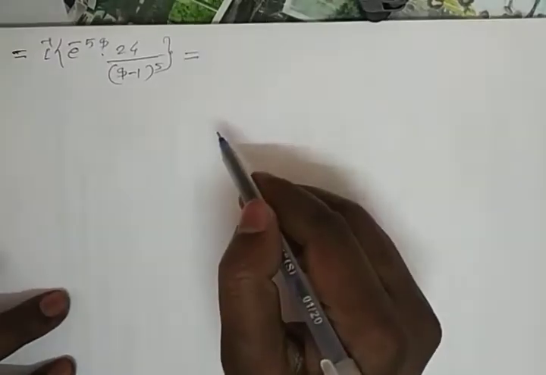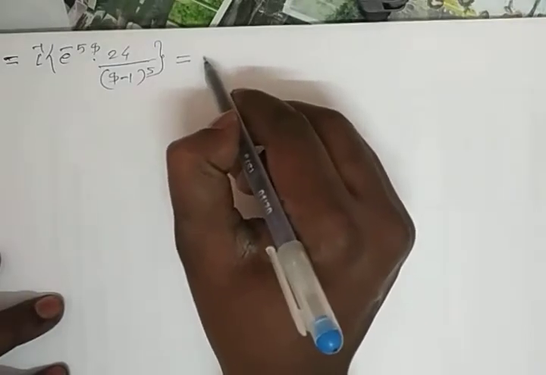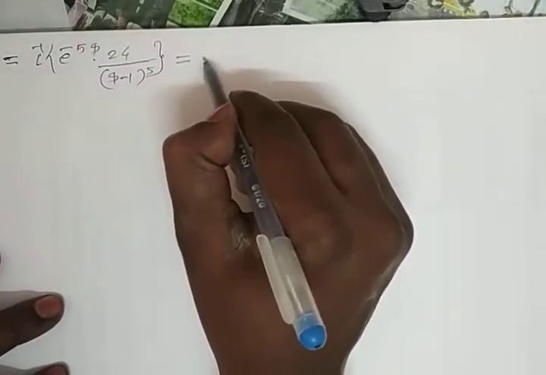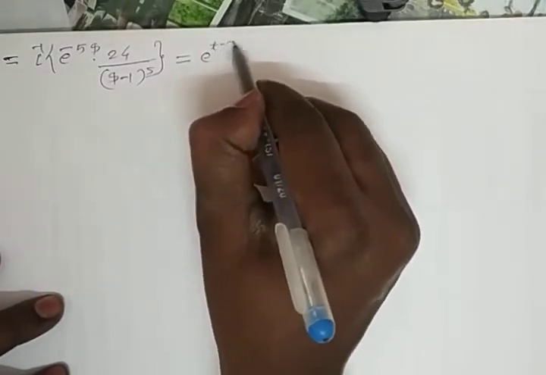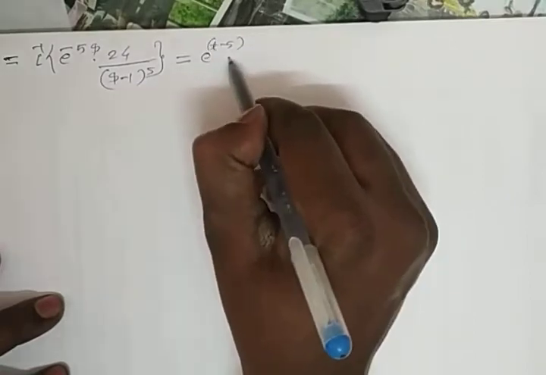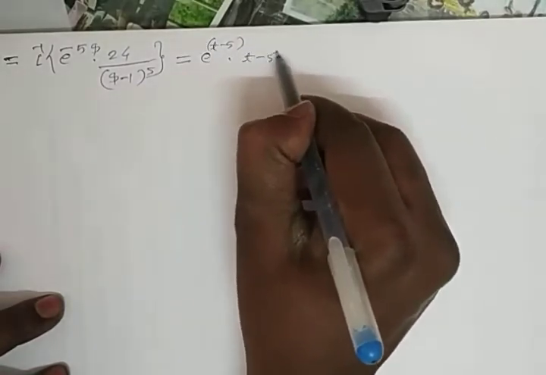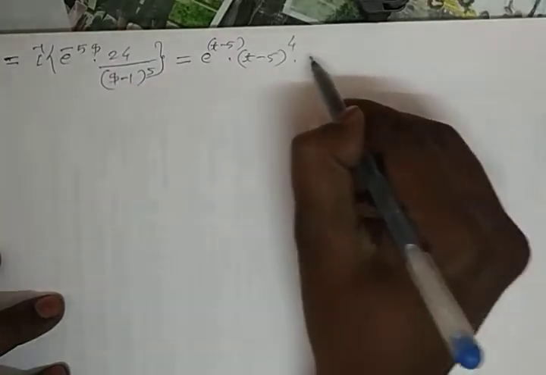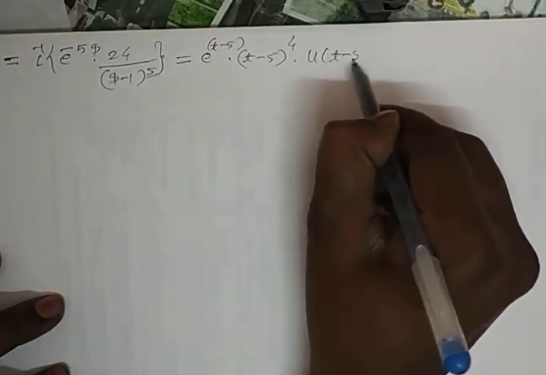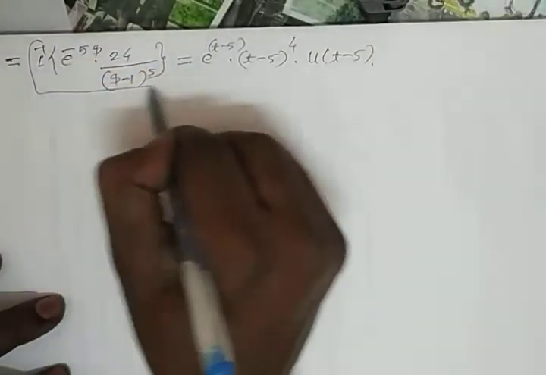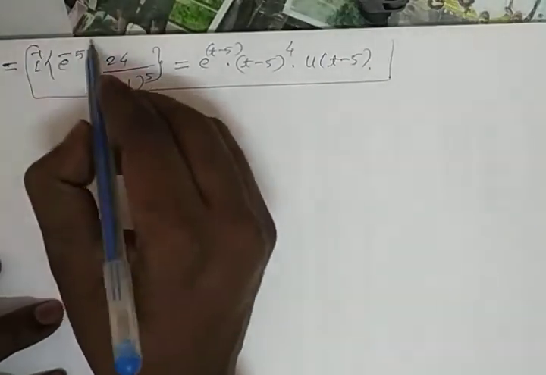So this can be written as e raised to t minus 5 into t minus 5 raised to 4 into u of t minus 5. So this is the simple answer.